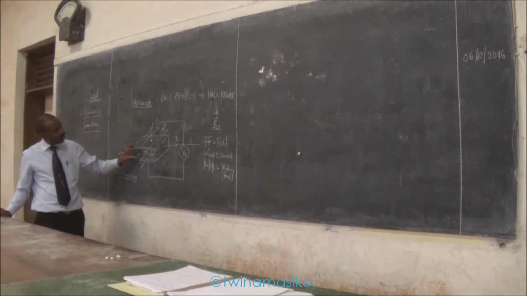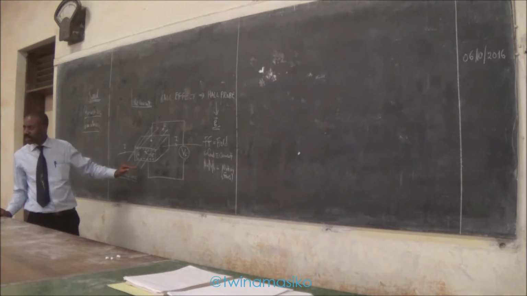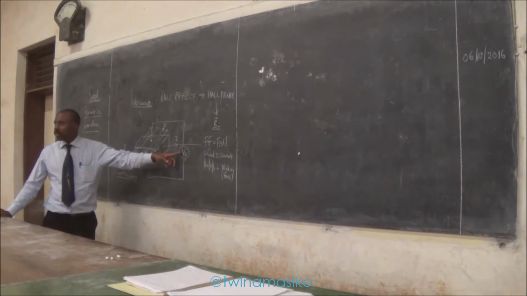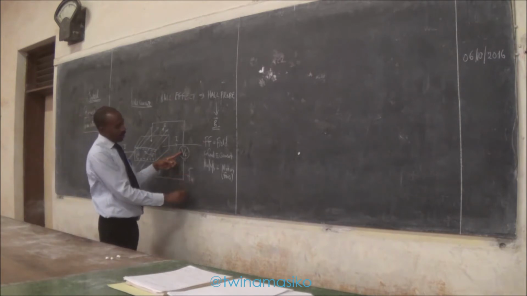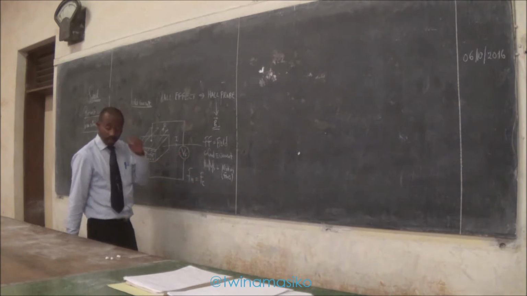It's because of this potential gradient, or this separation of charges. I explained this sometime back using the dance floor kind of analogy. Then you get this small balance, and this happens when you have the magnetic force being the same as the electric force.